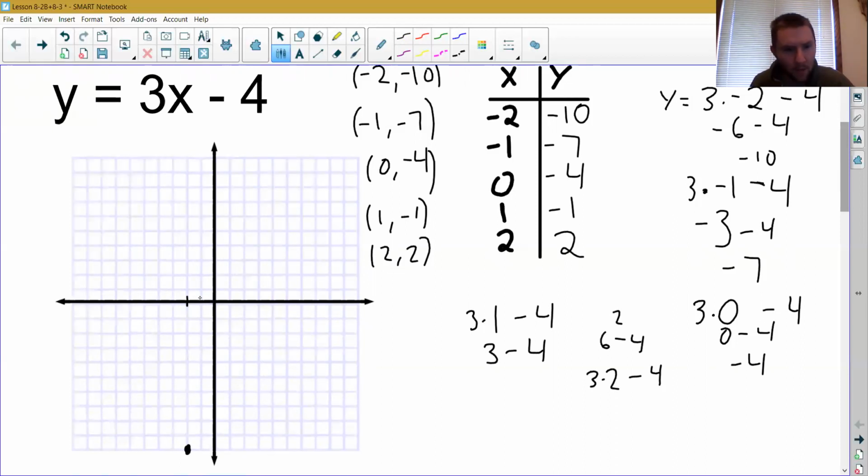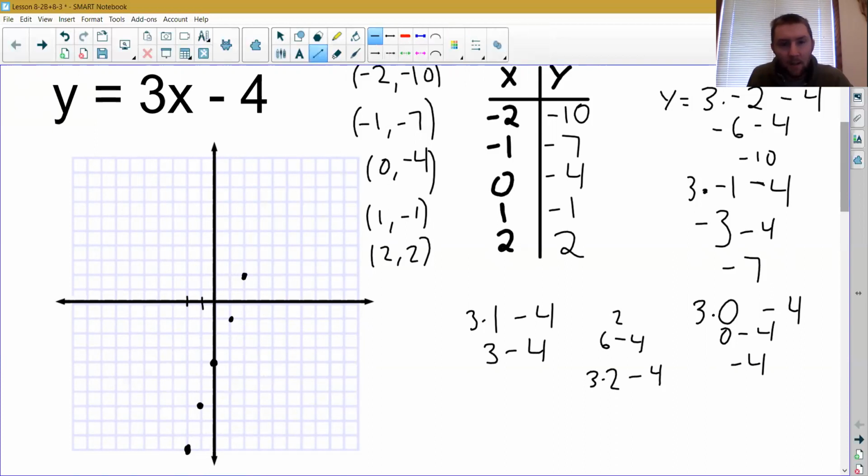For the next one, I go -1 in the x, and -7 in the y, which is right here. Then when x is 0, I'm right on the y-axis down the middle, so it's just down 1, 2, 3, 4 to there. Then at 1, I'm just down 1, and then at 2, I'm up at 2.